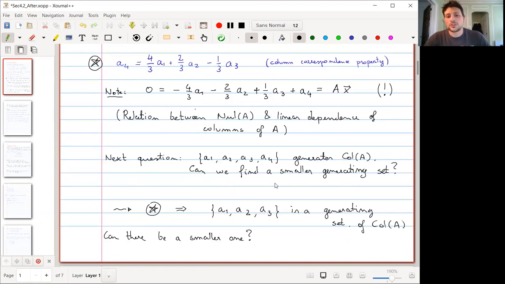The next natural question would be, can I get rid of one more? And the answer is no, because A1, A2, and A3 are linearly independent. We'll see in a second why this linear independence of them implies that there cannot be a smaller generating set.